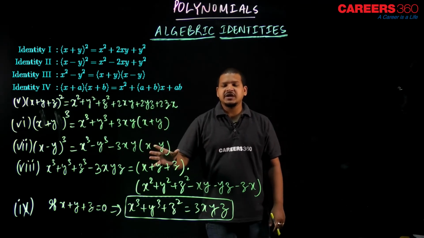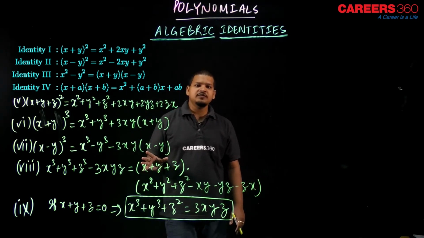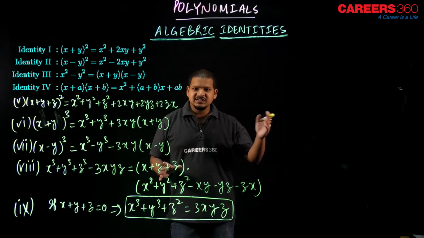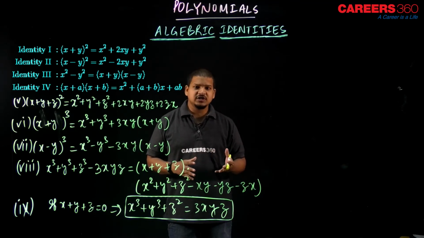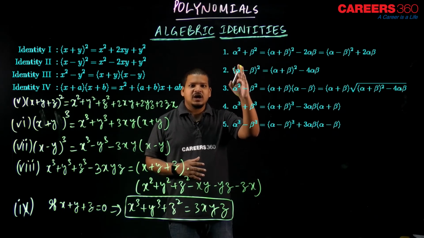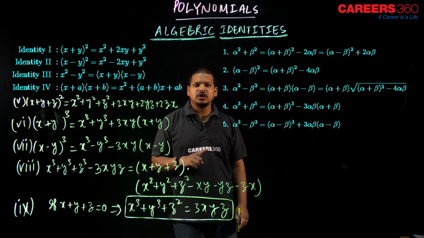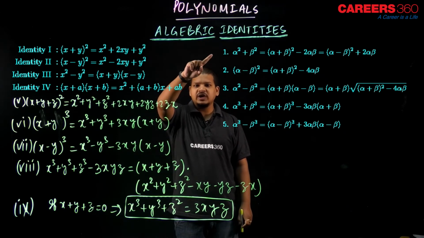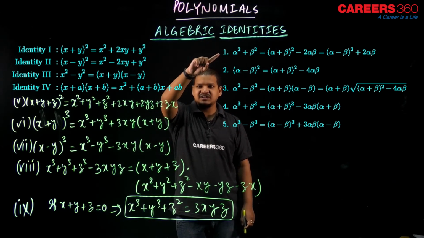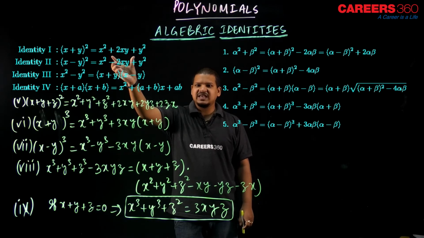Apart from these 8 identities, we also have a few extra identities that also help us a lot in the calculations, and they are alpha square plus beta square is equal to (alpha plus beta) whole square minus 2 alpha beta. So if you look at the first identity, this has come from identity 1 only, right?